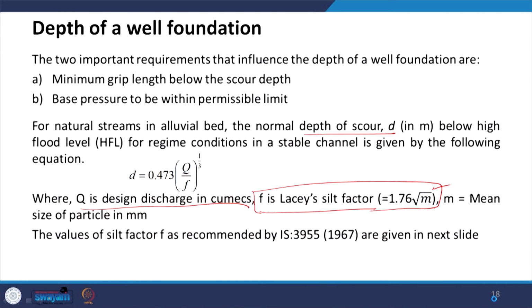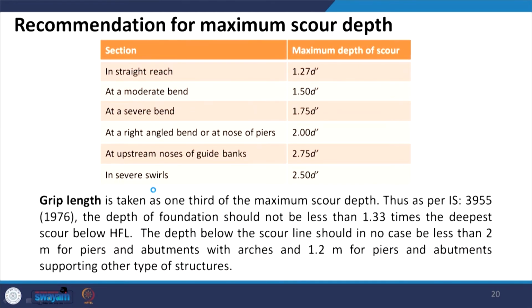Now, let us talk about the recommendations for maximum scour depth. Scour depth, of course, you can find using this relation in a stable channel. But this will give you kind of a minimum value, and for design or analysis we need to go beyond that.